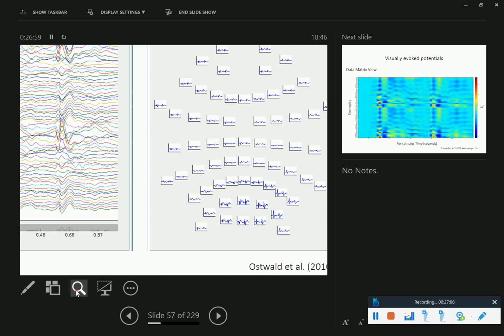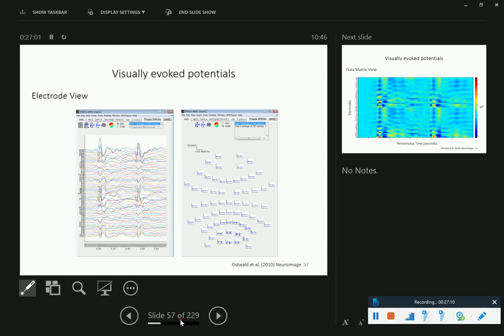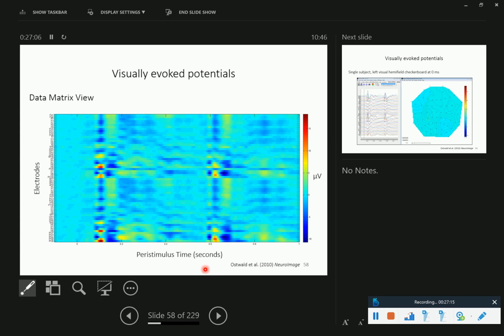My personal, I think the easiest way to visualize things is in terms of data matrices. So you have time on the X and electrodes on the Y, and then the values that you see in colors here are, for each electrode at each time point, the microvolts.